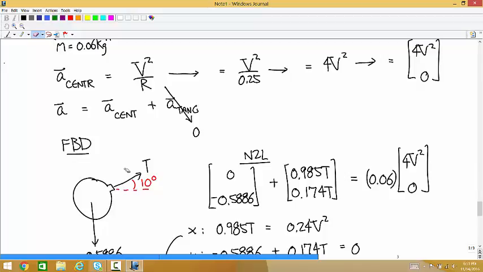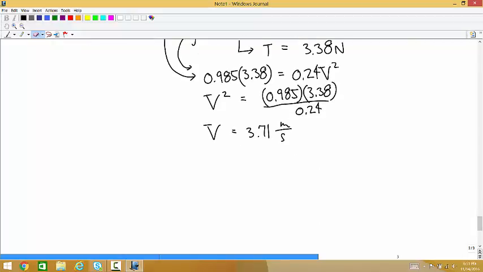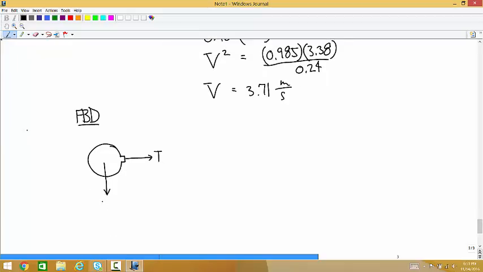Just out of curiosity, why doesn't it ever reach 0 for an angle? I can tell you exactly why. If you got it perfectly horizontal, the tension's like that. The weight is this.